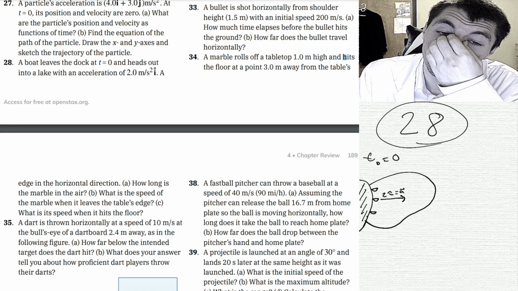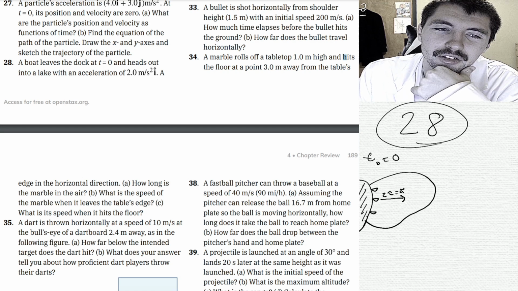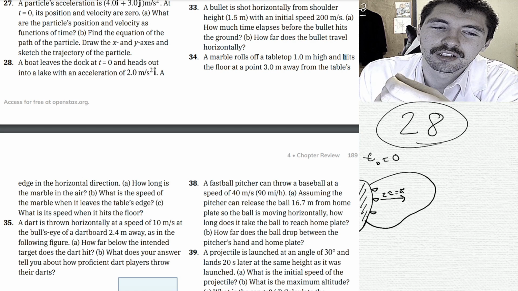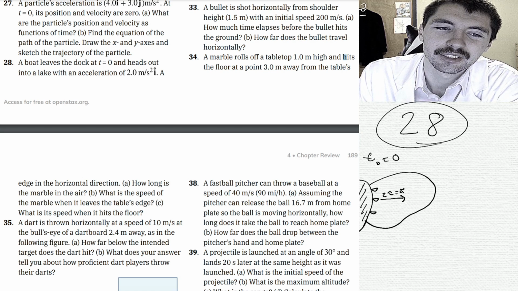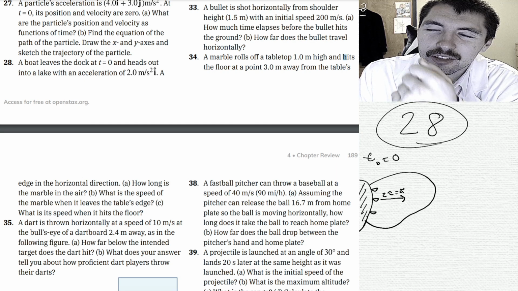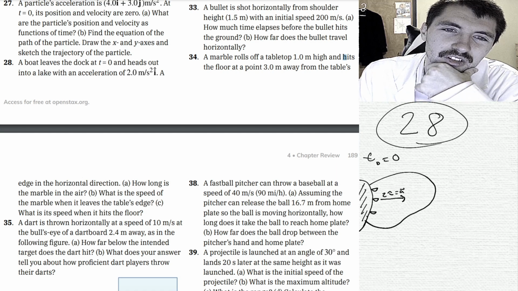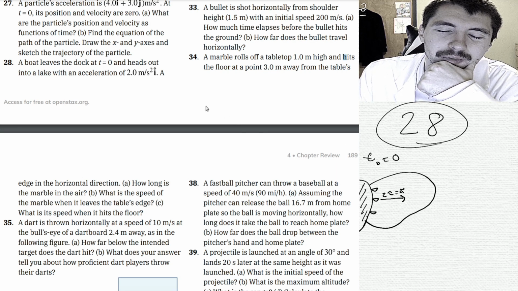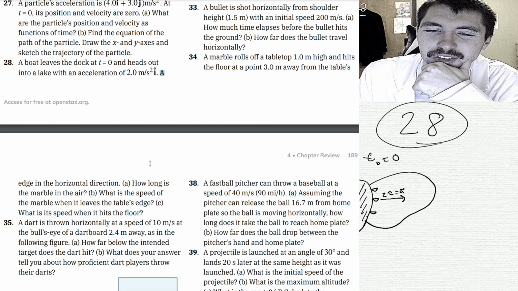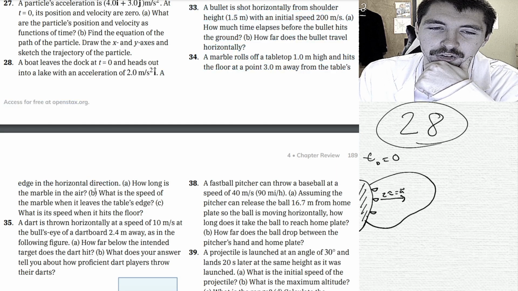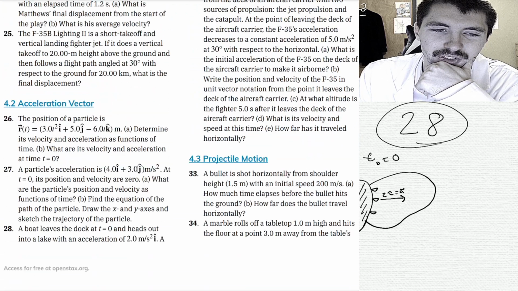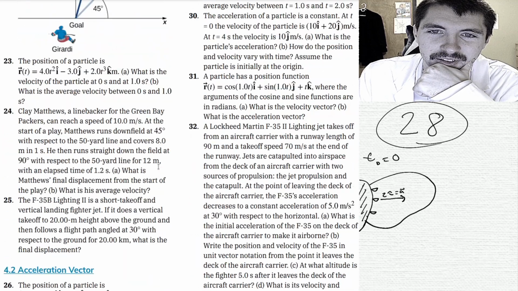An edge. Okay, first it would be an edge, so an edge in the horizontal direction. This sentence does not work for me. Okay, maybe it's because it's a different question. This is probably 34, so obviously there's a page break.